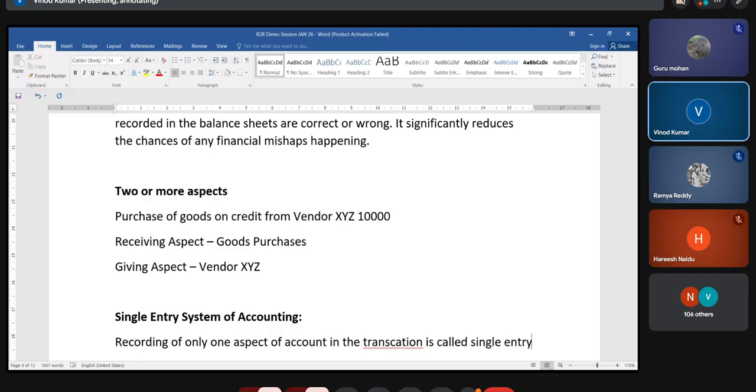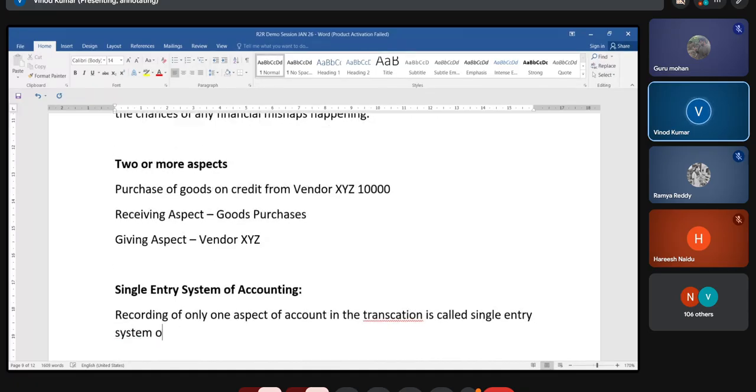The transaction will be recorded with only one aspect; two aspects will not be recorded. That method of accounting is called the single entry system of accounting.